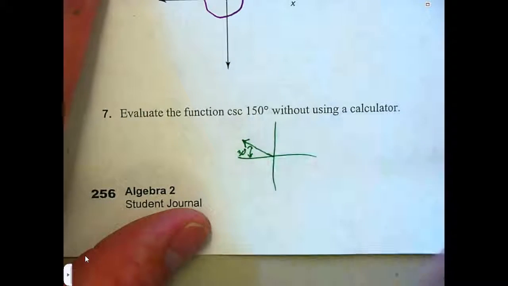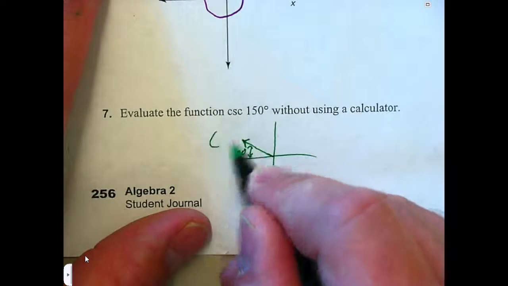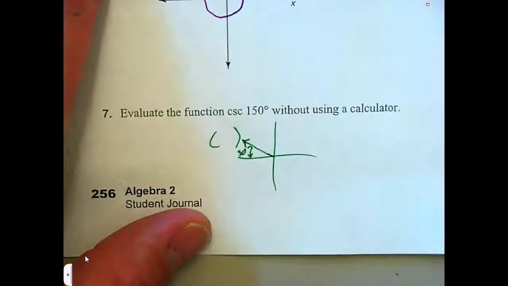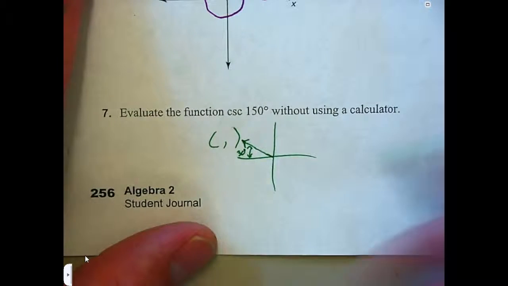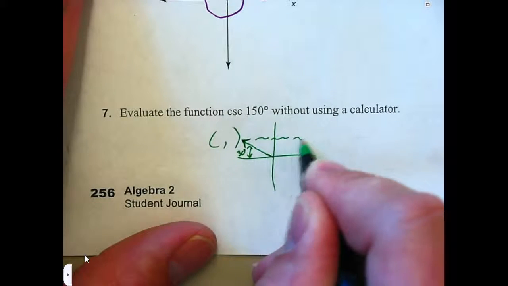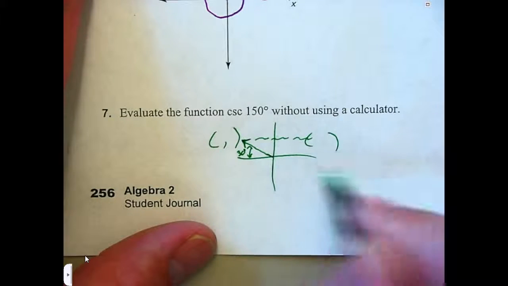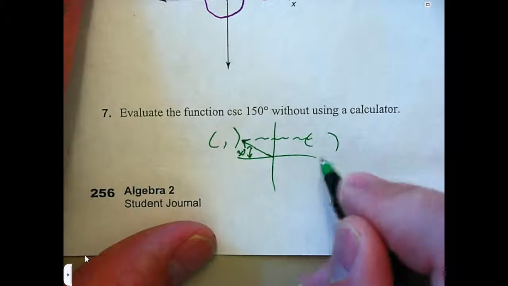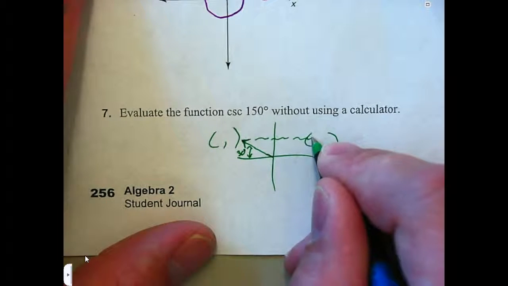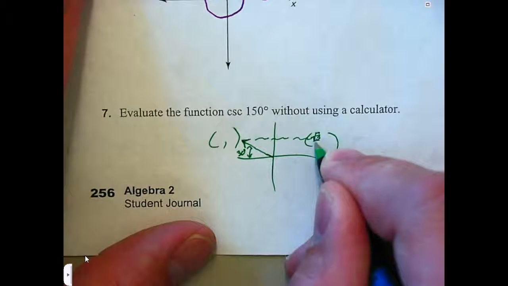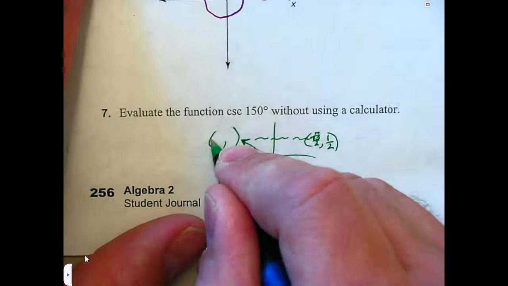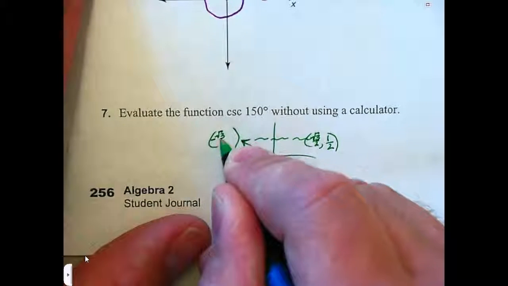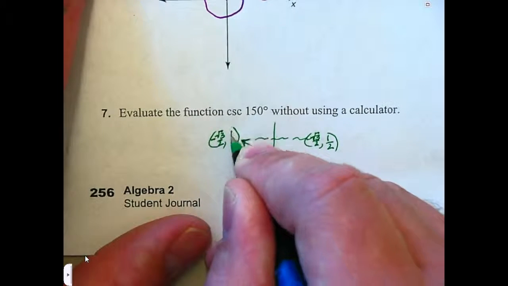That's the reference. Now I'm thinking of my coordinates. What are my coordinates? Well, think back to here. A 30 degree angle over here is root 3 over 2, comma, 1/2. So over here it's negative root 3 over 2 and 1/2.